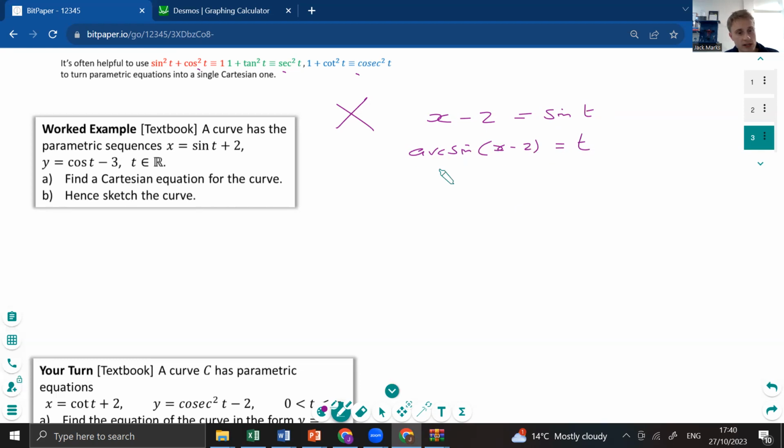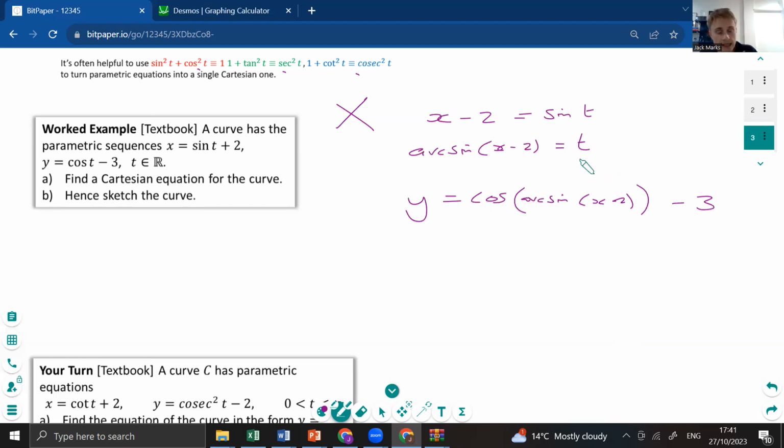Right, okay, the logic's all right, but here's the problem. Then you're going to have the other equation, cos t minus 3, where you're going to be substituting all of this in here. So what are you going to do then? Well, you're going to be stuck because you're not going to be able to manipulate this any further.